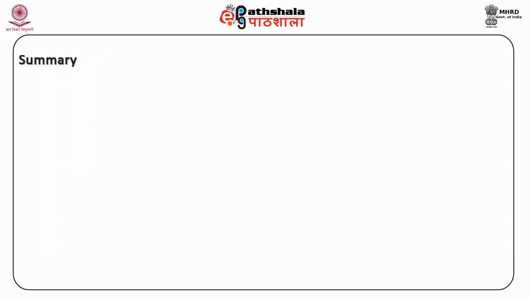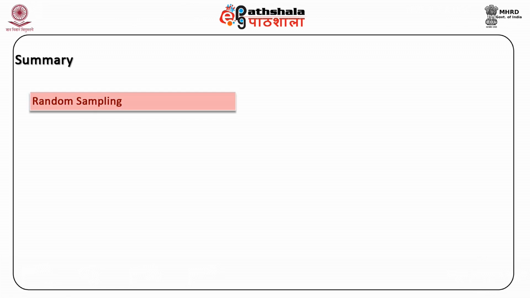In this module, you have learned about two types of sampling methods. Random sampling, in which each sample is selected randomly with equal probability of getting selected, and non-random sampling, in which all the samples do not have equal chance of getting selected.